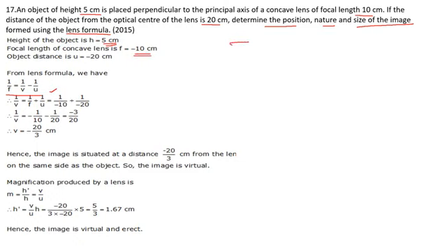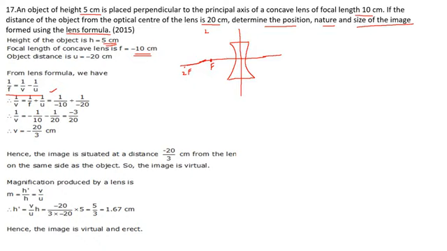Concave lens have focus at the front. If I go according to Cartesian, then on the left hand side is forming my focus, and 2f is on my left hand side. So my principal focus is falling on the left hand side. So I have to take focus minus 10 centimeter.